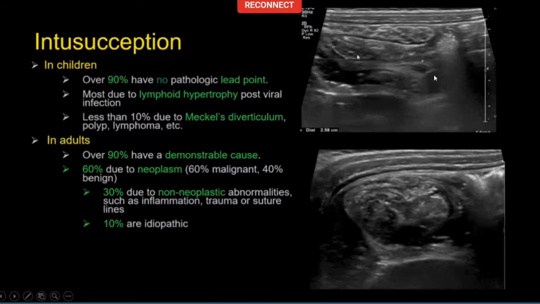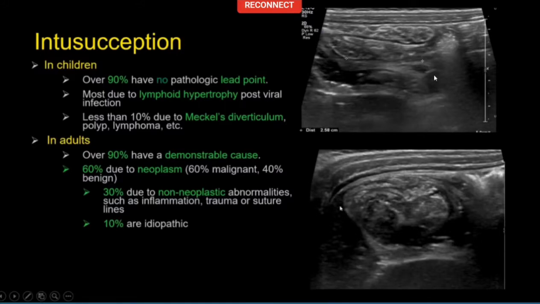The lead point of the intussusception, which is giving rise to the bowel-in-bowel appearance, or one bowel entering the other, is a lymph node, which is usually seen post-viral infection, common in kids. And in less than 10%, the cause might be Meckel's diverticulum, on which I will have a slide subsequently.